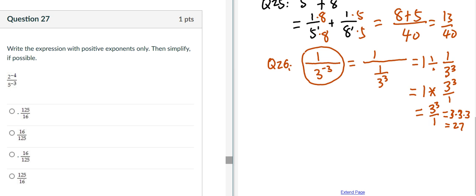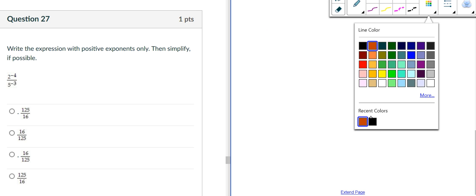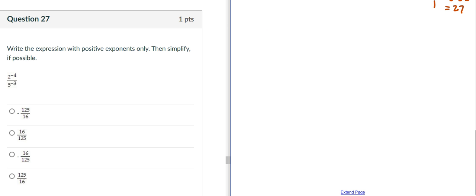So then we work on question 27. Let me use the black ink. So we have question 27, which is 2 to the negative 4th divided by 5 to the negative 3rd.